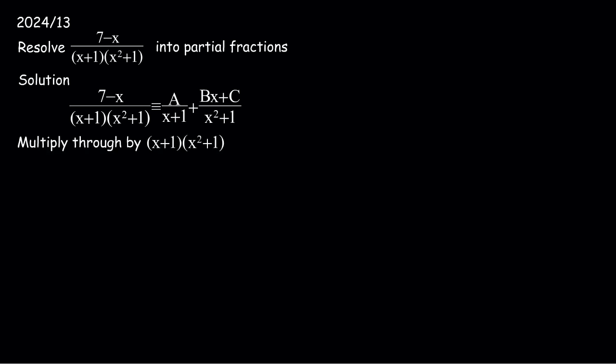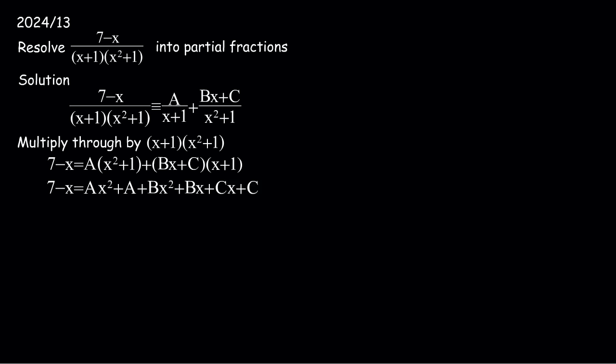and after multiplying through it becomes 7 minus s is equals to a in bracket (s squared plus 1) plus (bs plus c) in bracket (s plus 1). Now we are going to expand our bracket, and when we expand our bracket it becomes 7 minus s is equals to as squared plus a plus bs squared plus bs plus cs plus c.